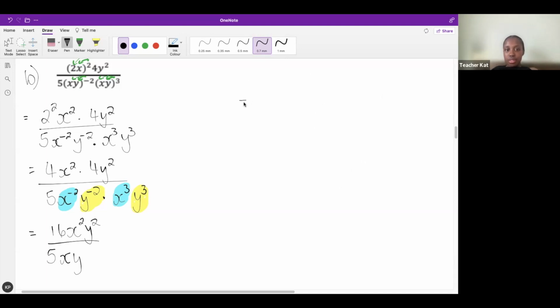Okay, so this will equal, I'm just starting on a new side because of space. This will equal 16 x to the power of 2 minus 1 and y to the power of 2 minus 1 all over 5. So then my final answer will be 16. What's 2 minus 1? So it'll be just x.